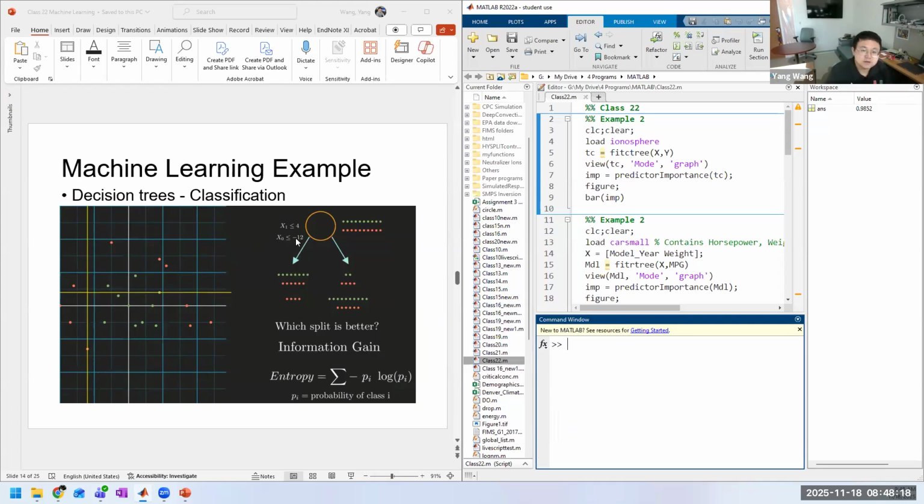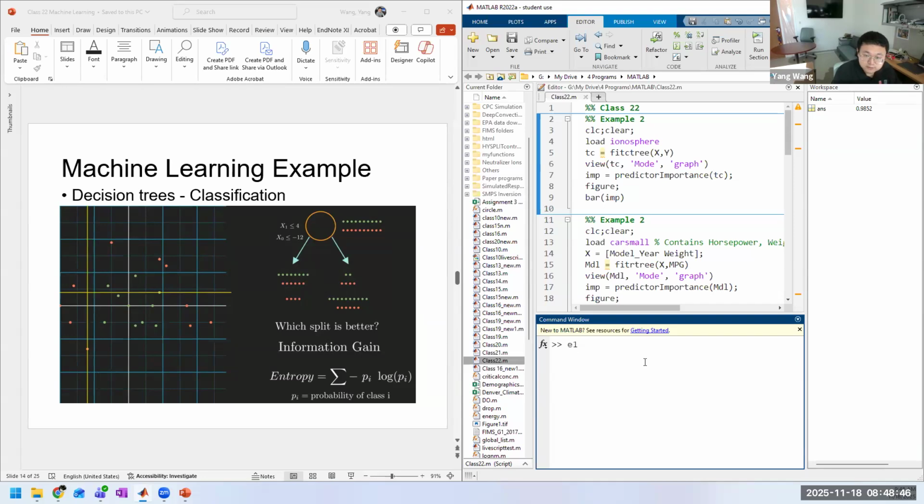If we just consider the x smaller than 4 case, we can calculate the entropy of each group over here. If we look at the entropy for this split, there are 14 data points in total, and on the other side, there are 6 data points. Of the 14 data points, 8 are category green and 6 are category red. So then you can calculate the entropy.